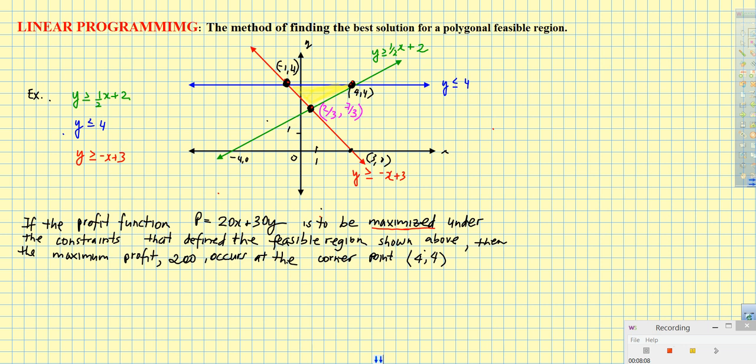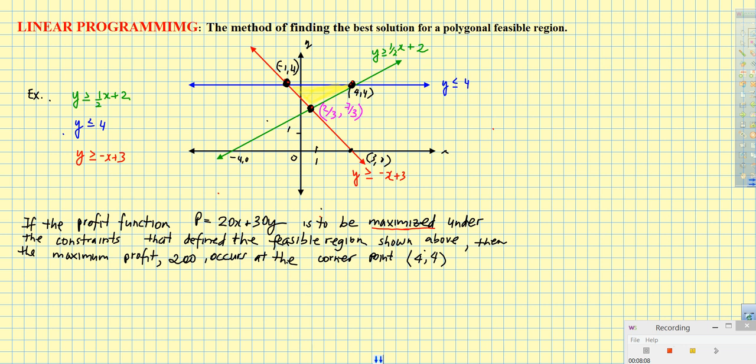Now once we've got the corner points, we're carrying this problem on to higher levels. So what you're given now is what's called linear programming. Linear programming is nothing more than the method of finding the best solution for a feasible region.